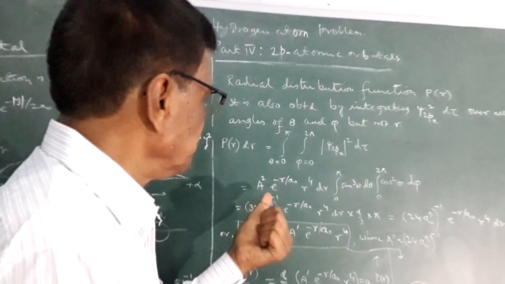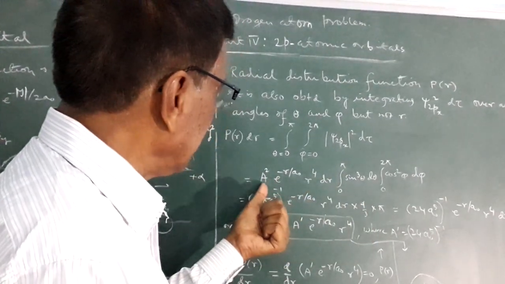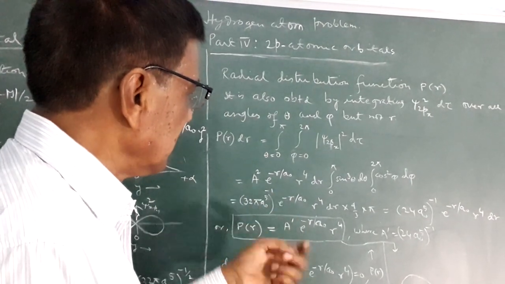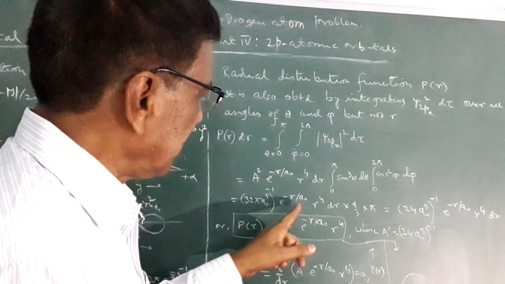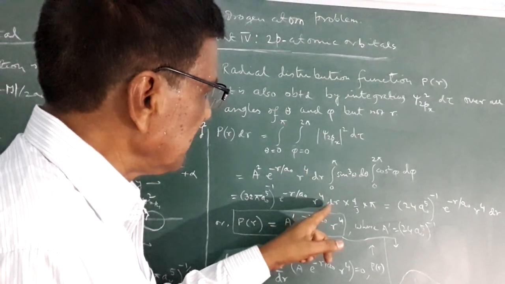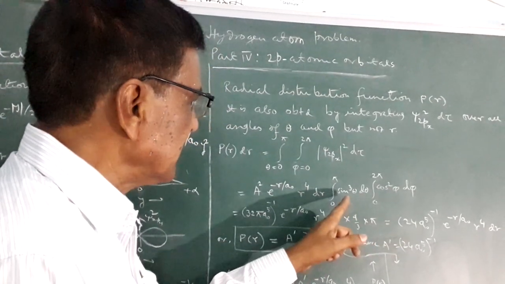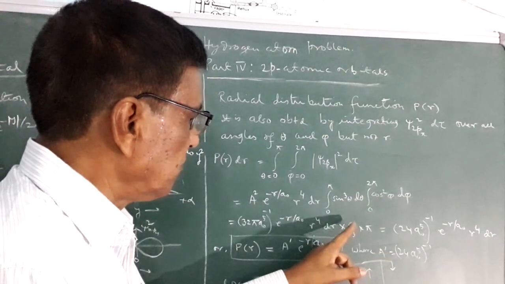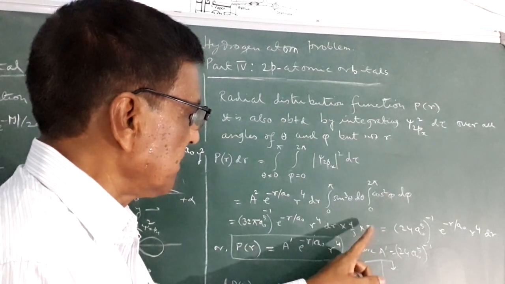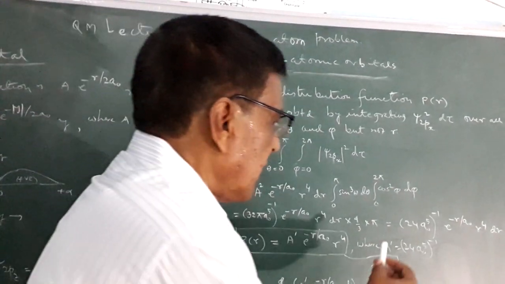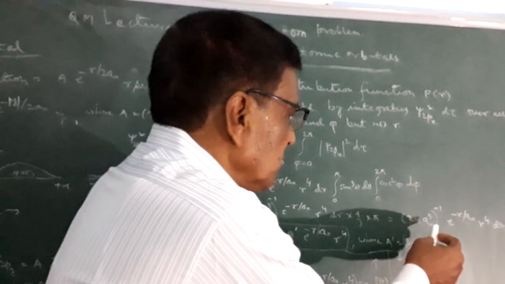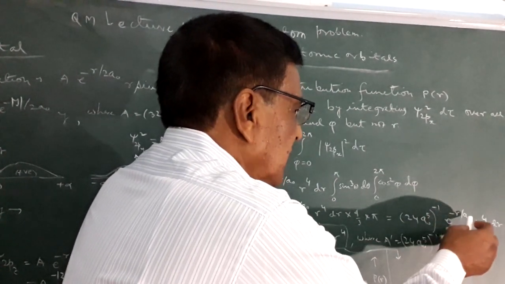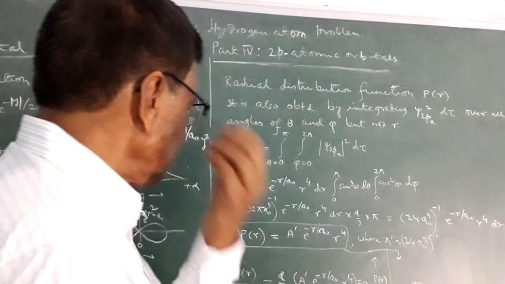So a squared equals 32 pi a naught to the power 5, whole to the power minus 1, times e to the power minus r by a naught r to the power 4 dr. When integrating, this one is 4 by 3, this is 3 by 4, and this one is pi, and altogether we have 24 a naught to the power 5, whole to the power minus 1, e to the power minus r by a naught r to the power 4 dr.